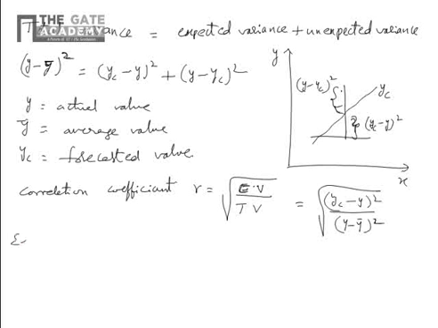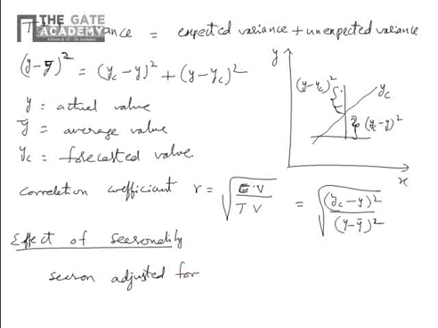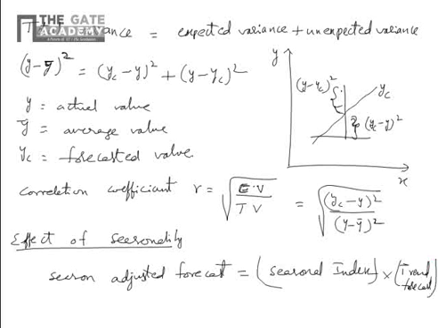If you have any seasonality, the effect of seasonality is nullified by seasonal adjusted forecast, equal to seasonal index into trend forecasting. This is about regression forecasting.